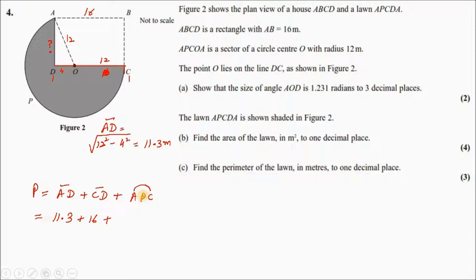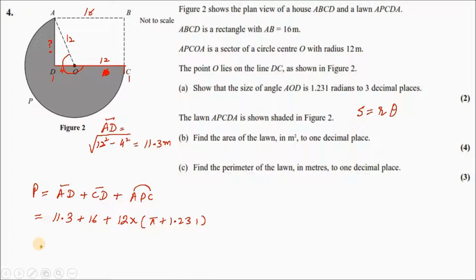And what about APC? This is the arc length. For arc length, if you remember, S is equal to R theta, where S is the arc length, R is the radius, and theta is the angle. So we need the arc length APC and that whole angle. R is the radius, which is 12, times theta, and theta is pi plus 1.231.